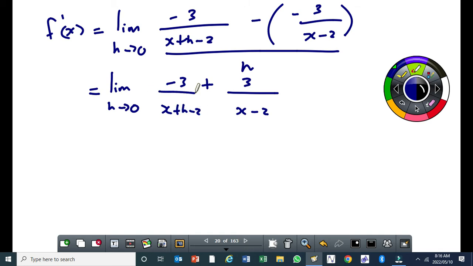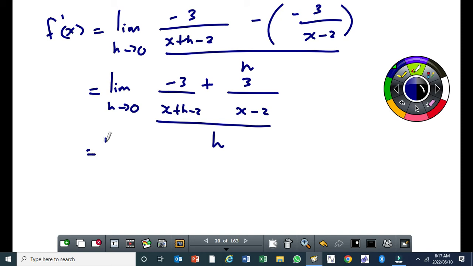Okay? So this is all under h. So we need to find the LCD of our numerator, because our numerator is a sum of two fractions. Okay? Please, you can't add minus 3 and plus 3 and then you say you've got a 0. You can't, because the denominator is not the what? The same.